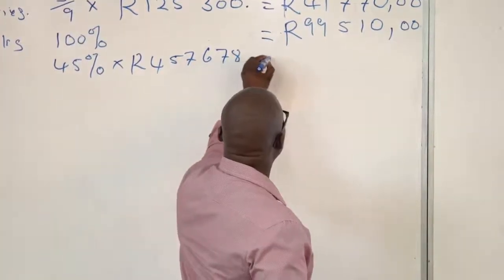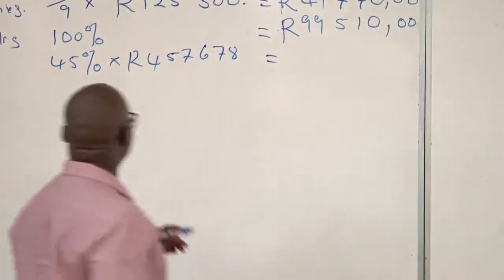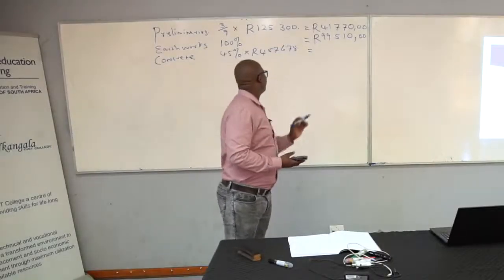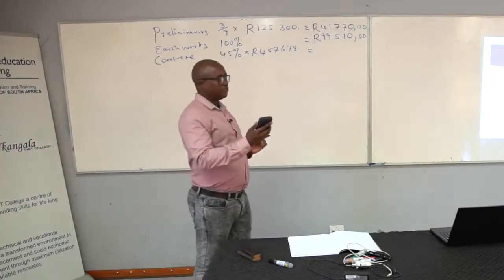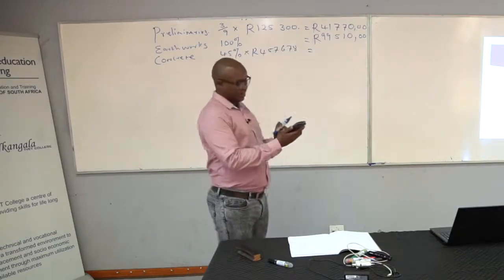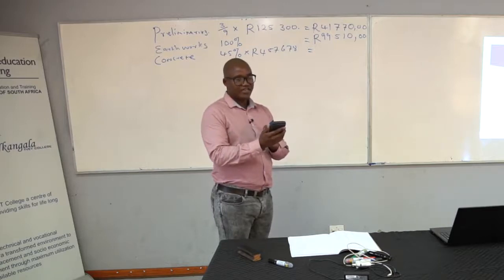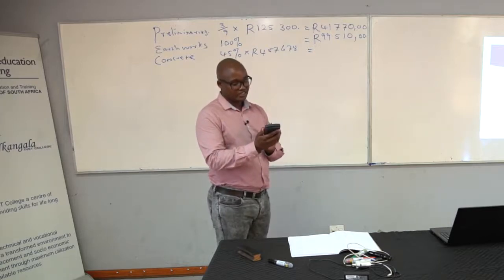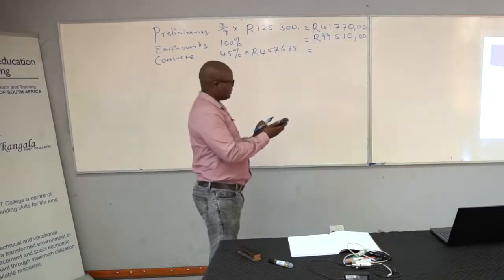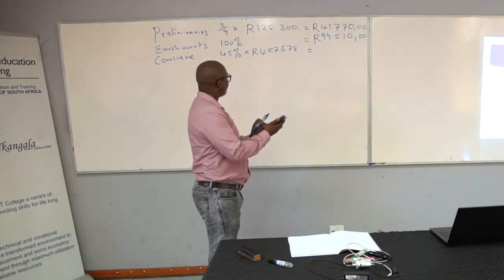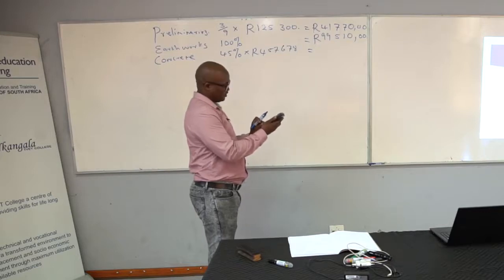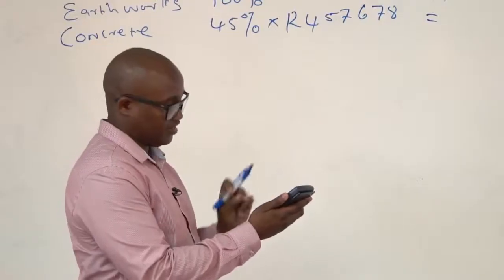Then when we work out the 45% of this amount, you take your calculator, you take 45, you divide it by 100, and you multiply it by this amount, which is 457,678.